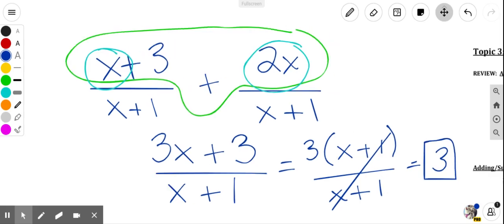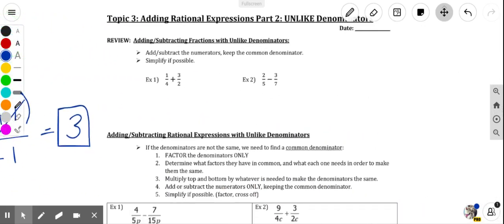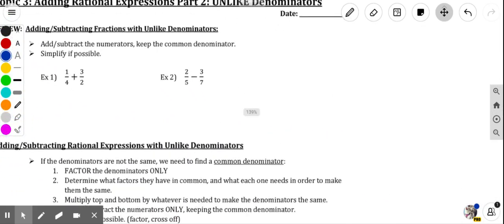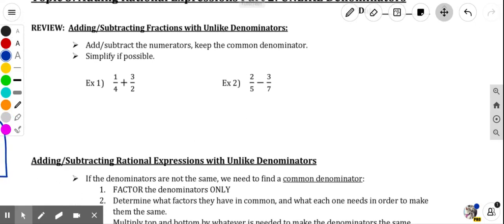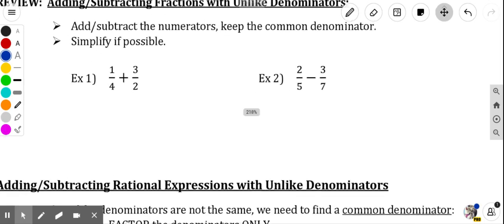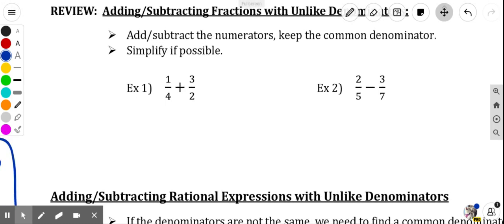Last class, we started talking about what happens when they're not the same. So adding and subtracting just like fractions in general, like up here, when the denominators are not the same, remember you want to ask yourself, like say example 1, what's something that 4 and 2 both go into evenly? And so it's 4, so that's your common denominator.